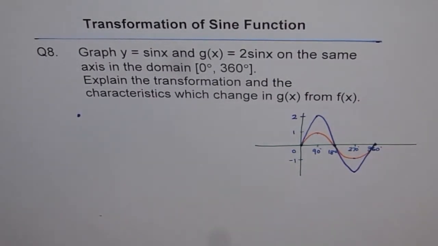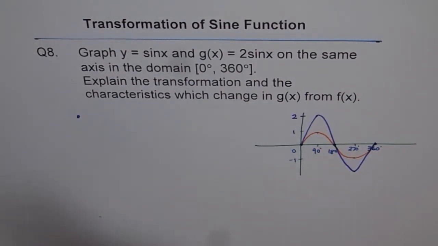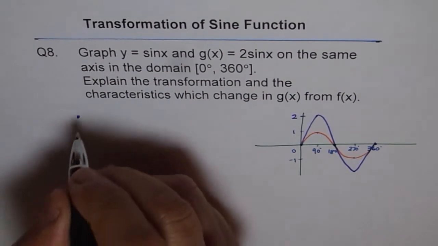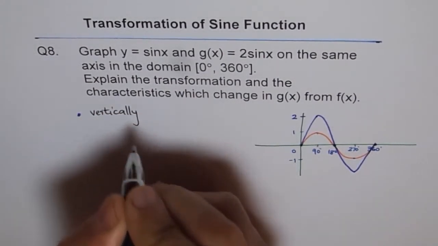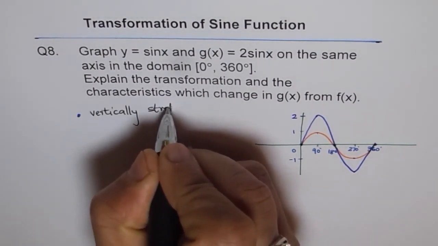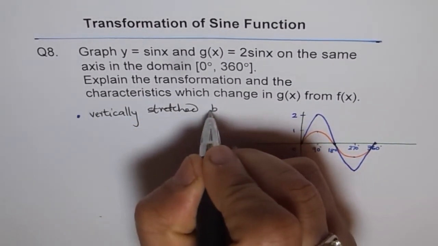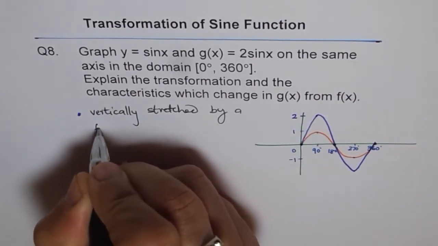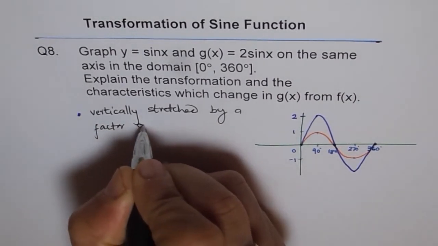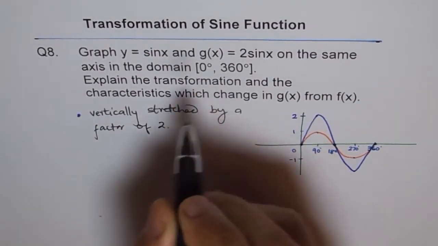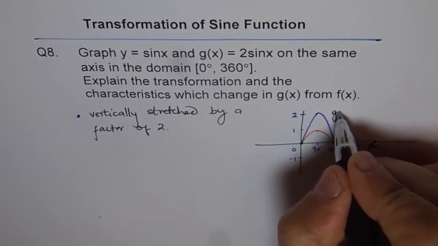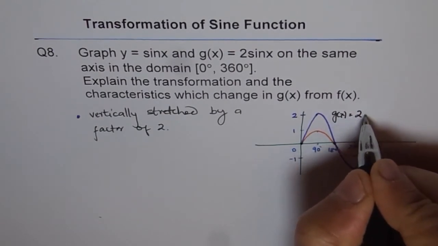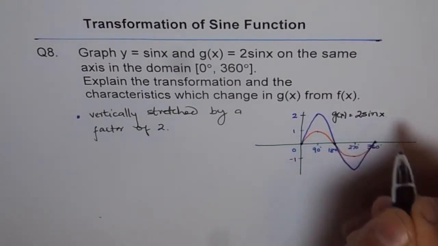So we can write down the transformation: g(x) gets vertically stretched by a factor of 2. So it becomes 2 times sin x. So this is g(x) for us, which is 2 times sin x, right?